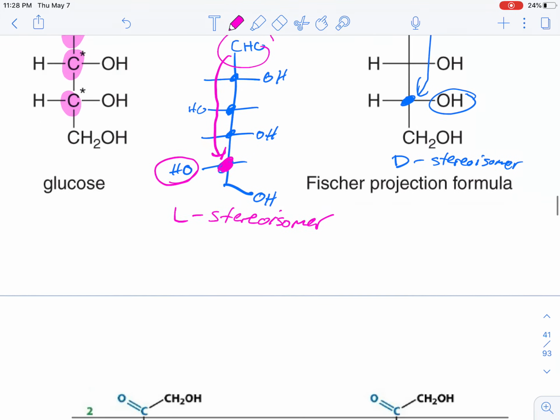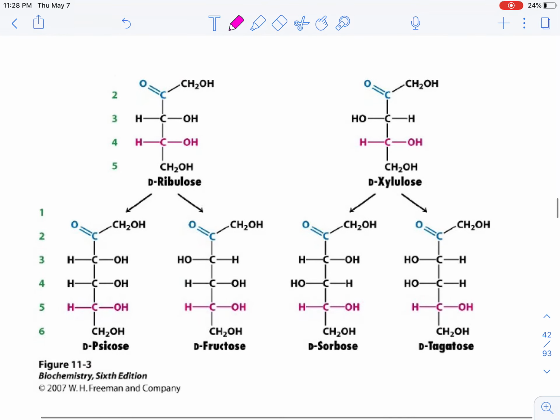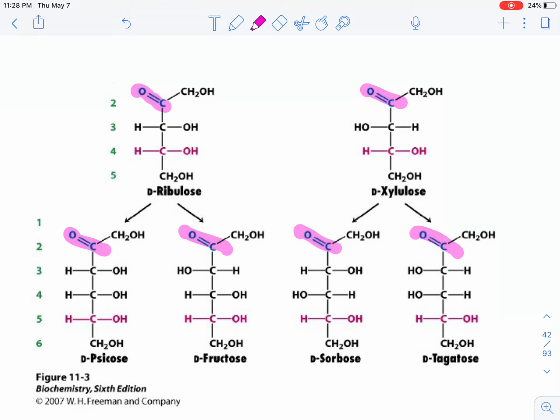And so I'm going to go ahead and show this specific slide. And so these are all ketones, by the way. And so I'm going to go ahead and mark this in pink. So notice that your carbonyl carbon is wedged in the middle of a carbon chain, not found at the very end of a carbon chain.